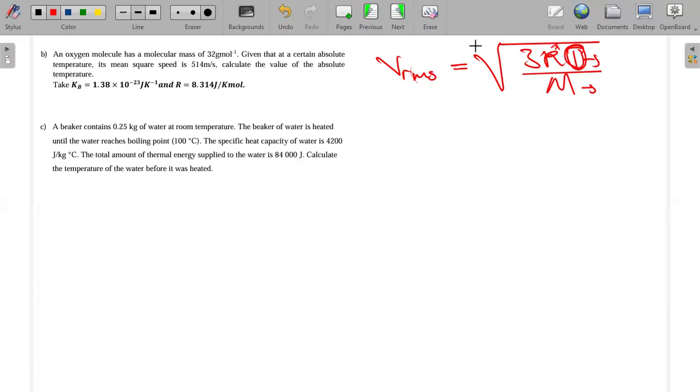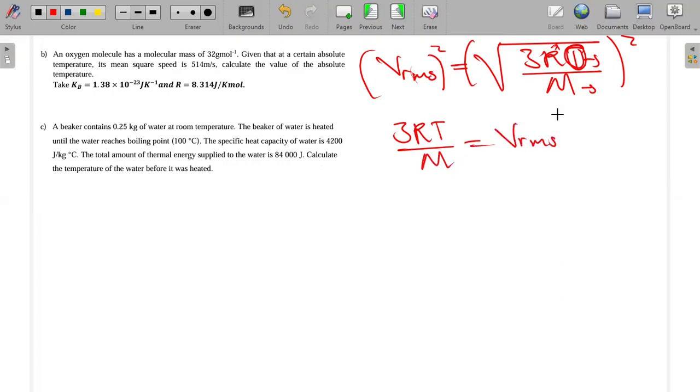How am I going to do that? We can start first by squaring both sides of our equation so that we do away with the square root sign that we have here. That means I'm going to have 3RT over molar mass being equal to V RMS squared, like this. From here, we can multiply everything with the reciprocal of what we want to do away with, which means I'll just multiply both sides by M over 3R.